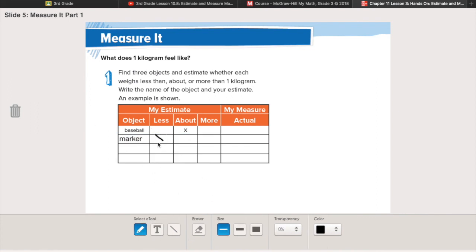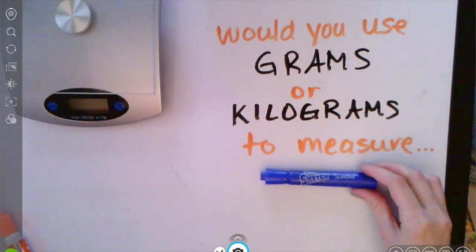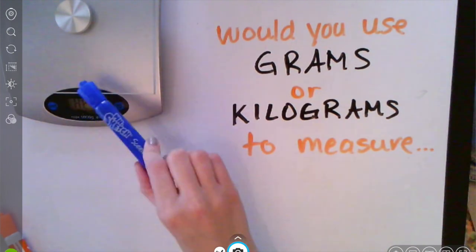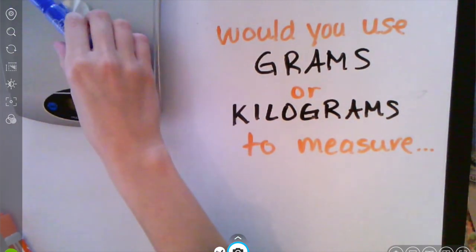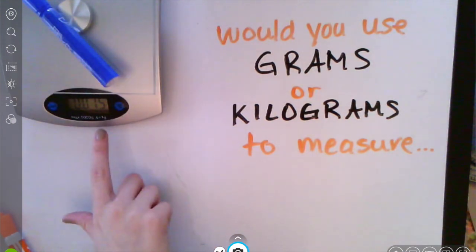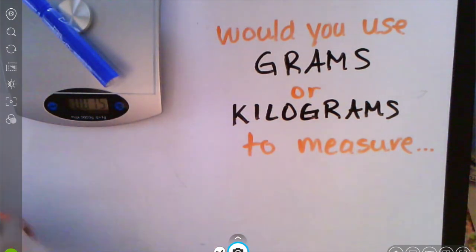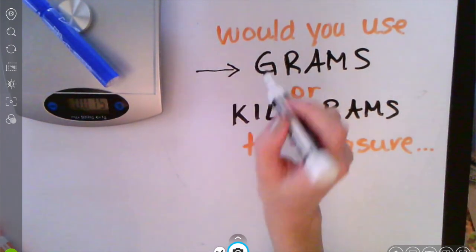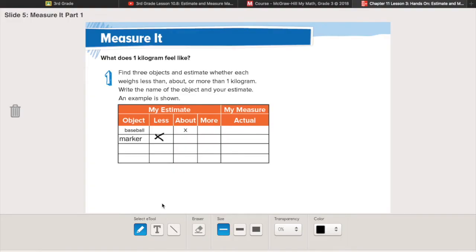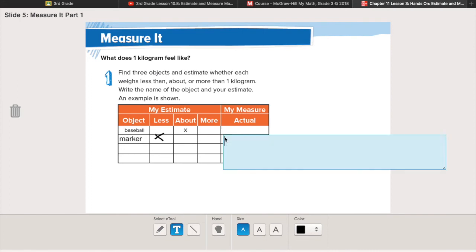And if it's less, I would want to measure that in grams. Okay? I just want to weigh it in grams. So when I do, sorry, it's kind of rolling a lot, I find out that the marker weighs 15 grams, which is less than a kilogram, because you need 1,000 grams to equal a kilogram. So it's 15 grams, which is definitely less than a kilogram.